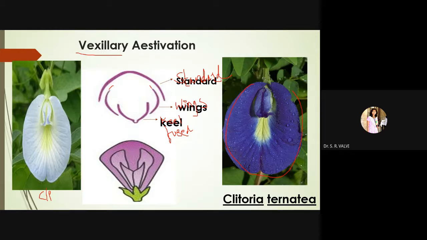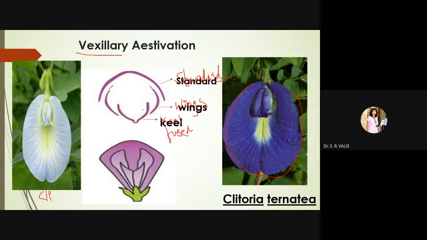This kind of corolla comes under the papilionaceous corolla, where butterfly-like petals are present, and the conditions are the same: one is standard, two are wings, and two are keel, which are fused and present inside these wings.